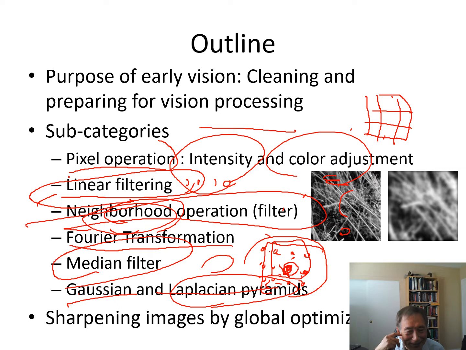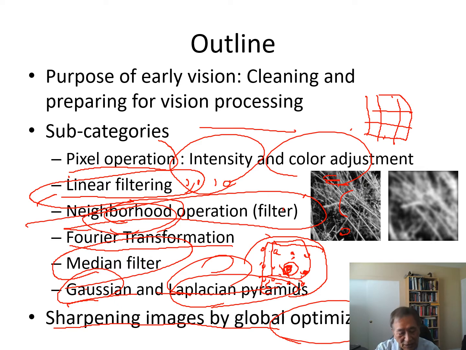So it goes all the way close up, or zooms out, like looking from the sky, more like a helicopter than an airplane. That is the logic of the Gaussian and Laplacian pyramid, and then sharpening the image by global optimization. There are so many techniques being used in the early stage, and I will cover as many of the techniques as possible.